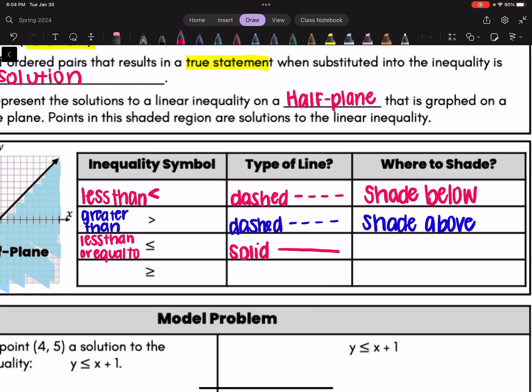And because we want our solutions to be less than, we would shade below. And then our last symbol would be greater than or equal to. So we would have a solid line in this case, and we would need to shade above.